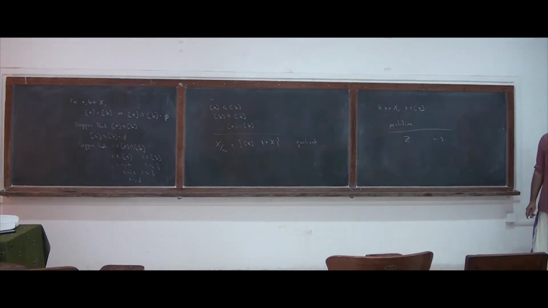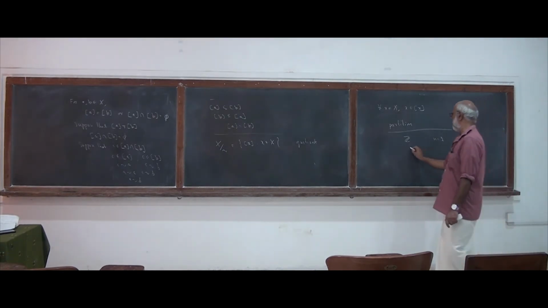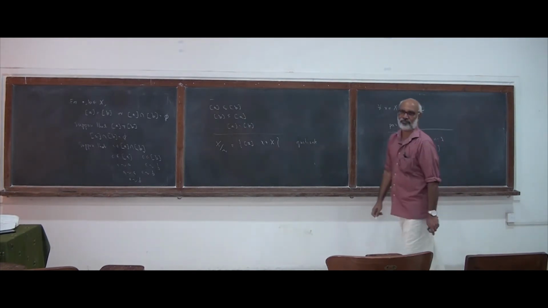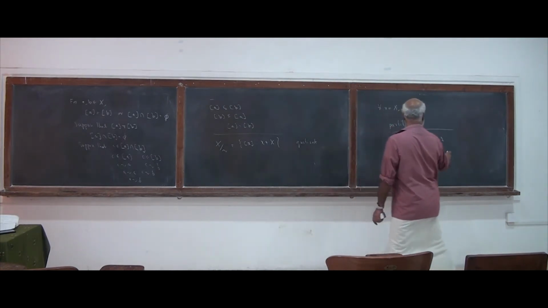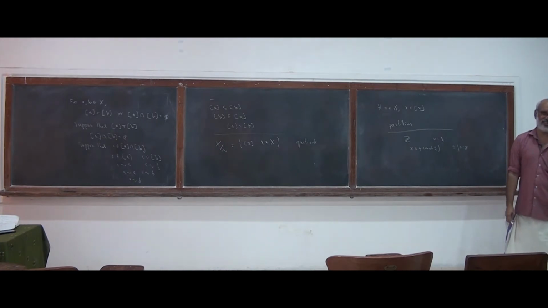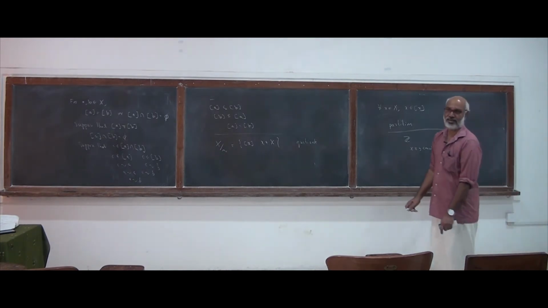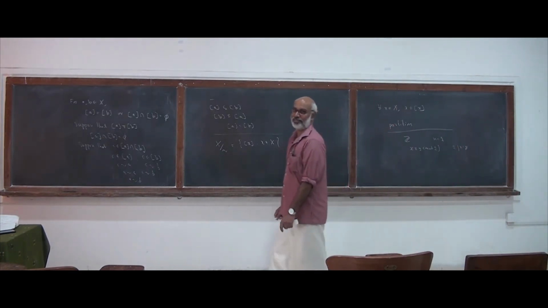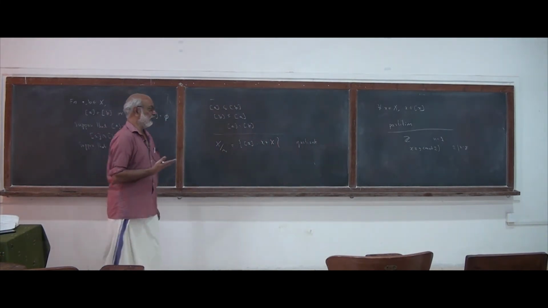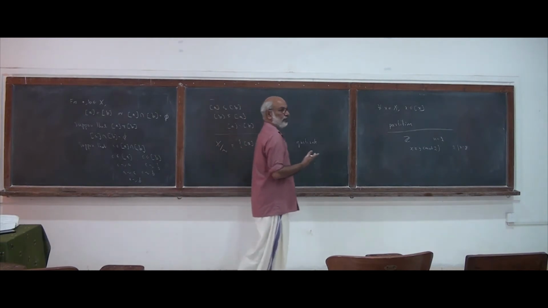What is meant by saying that two integers are congruent modulo 2? That means 2 divides x minus y. When do we get that 2 divides the difference of two integers, or that the difference is an even number?